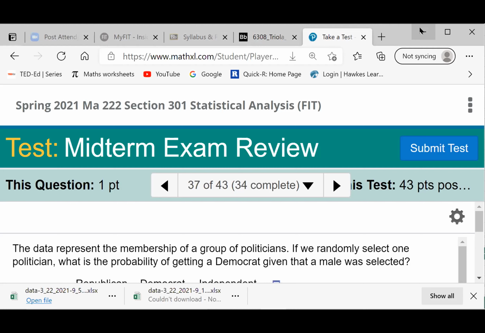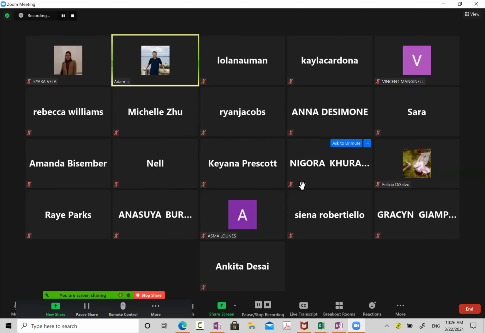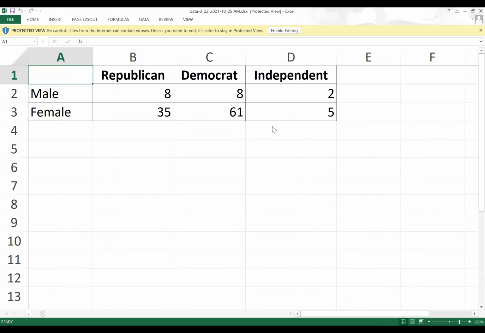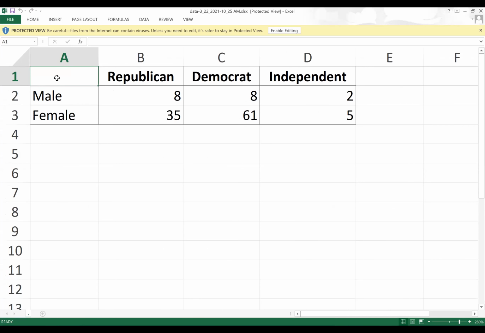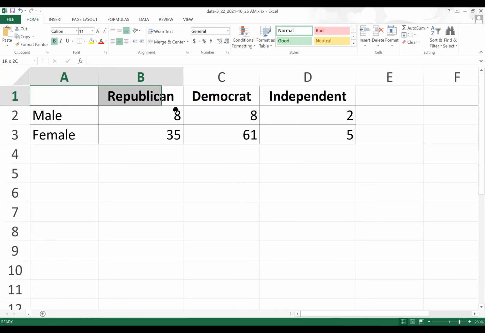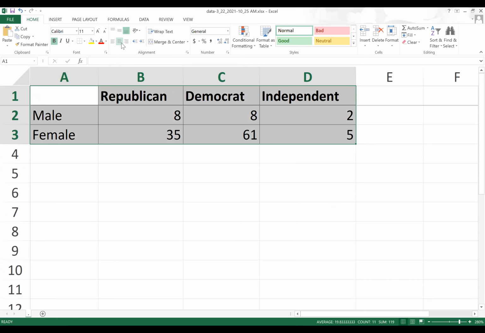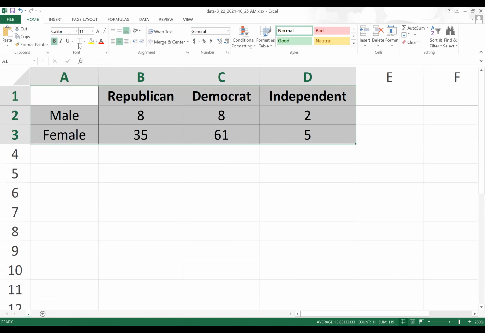Okay, it's open now. All right, let me share the screen with you. Okay, so this is the politician example. We have 3 columns and 2 rows, so it's a 3 by 2 contingency table. And again, each category represents different things.